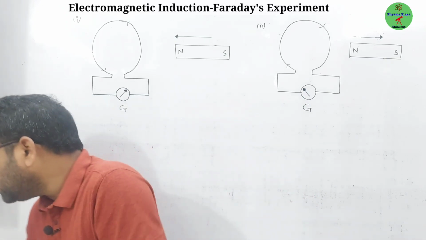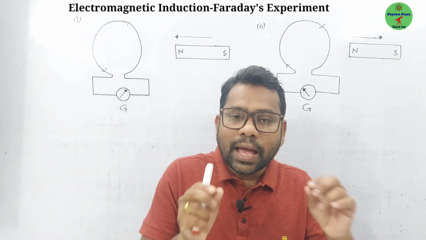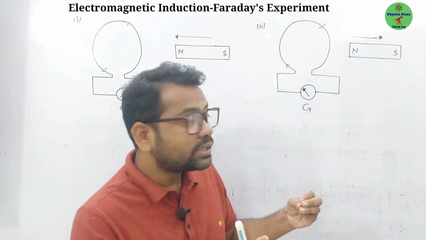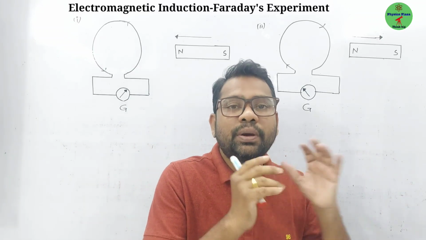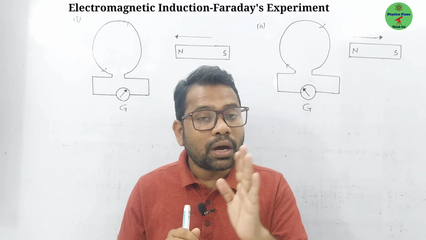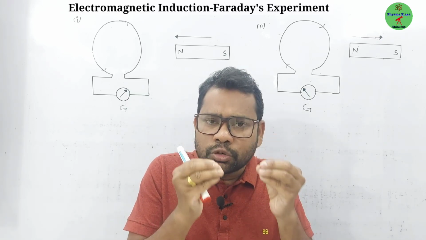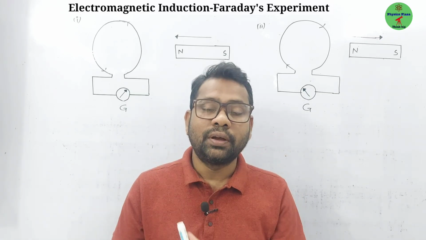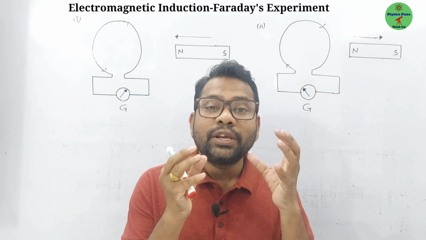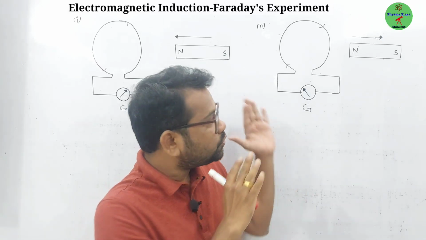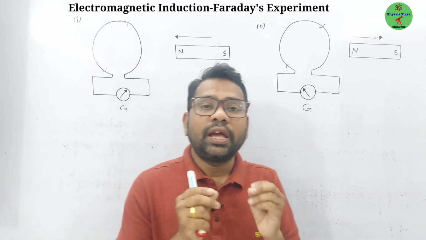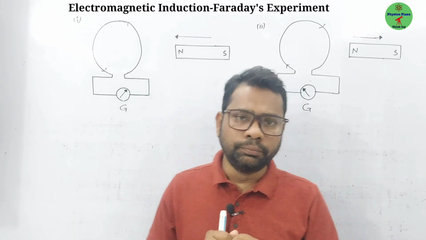So clearly it was noticed that as long as there is a relative motion between the coil and the bar magnet, some electromotive force is induced, which results in induced current. This phenomenon is what we call electromagnetic induction.